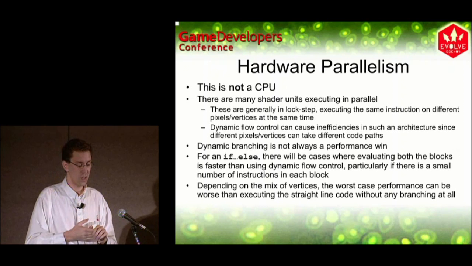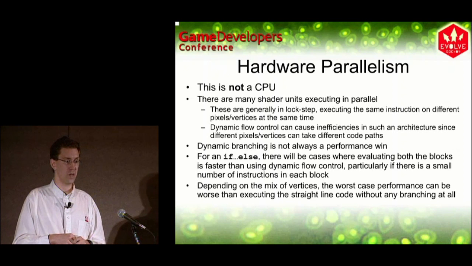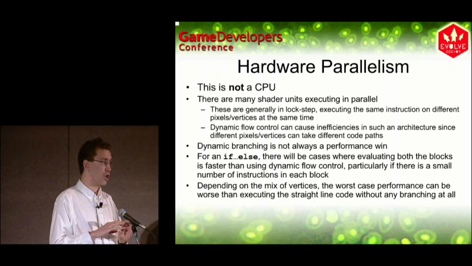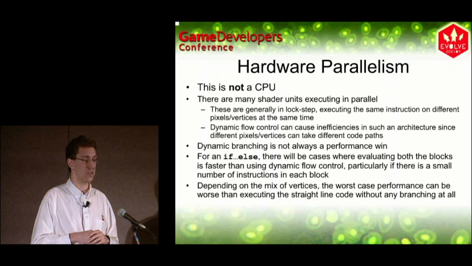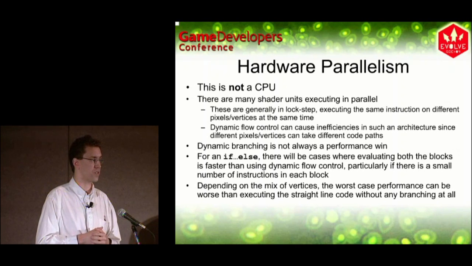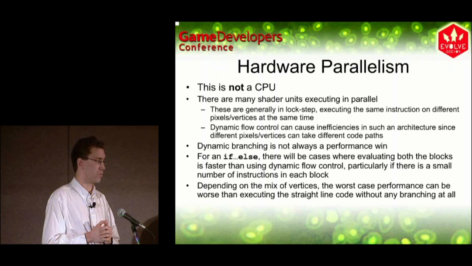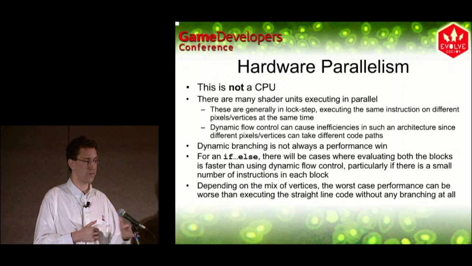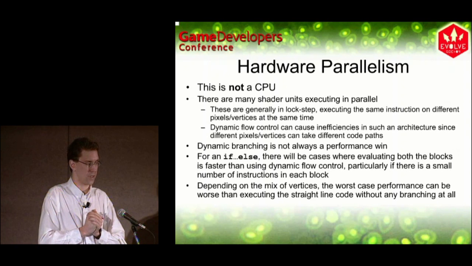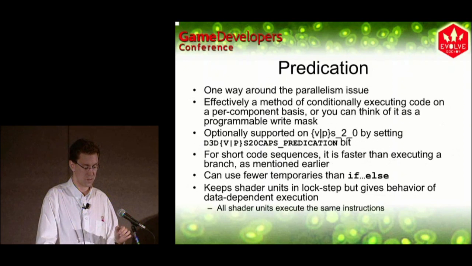That's an issue, and something you're going to want to keep in mind as you do optimizations using dynamic flow control in your code. I'm by no means telling you not to use dynamic flow control, but I am making you aware of this issue. In fact, this is the reason why those heuristics exist in the HLSL compiler: to get around cases where you'd force yourself into a case where you don't get the benefit of this parallelism.